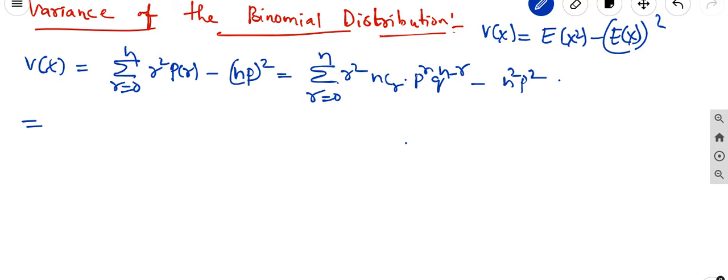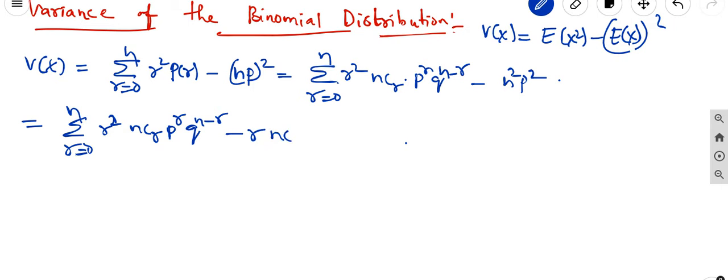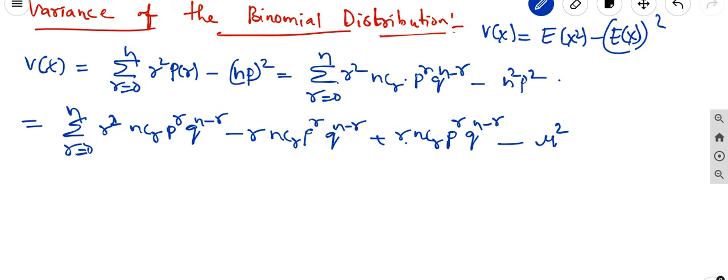From this we write the sum over r equal to 0 to n of r square NCR p power r q power n minus r, minus r NCR p power r q power n minus r, plus r NCR p power r q power n minus r, minus mu square only, since n square p square is nothing but mu square.